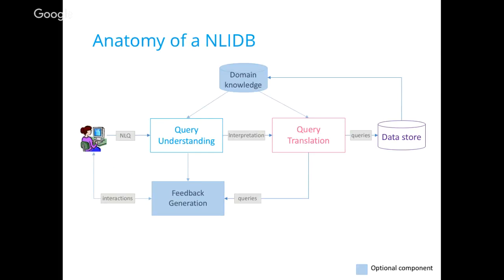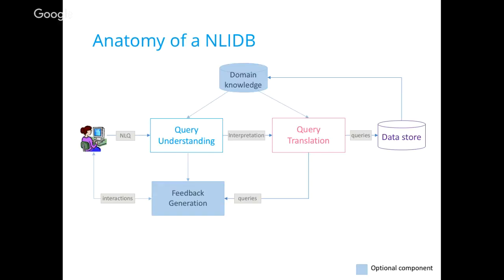So first, let me show you an overview of a general system architecture for supporting natural language queries to databases. First, we need to have a UI, and a user interacts with the UI and issues a natural language query. Then there is a component that tries to understand the user query and translate that query into a structured query against a data store.